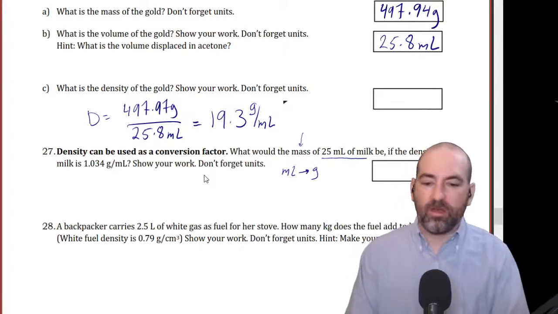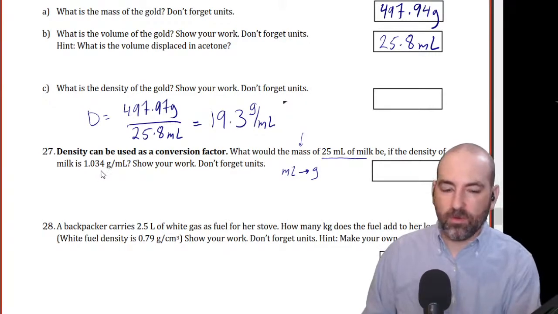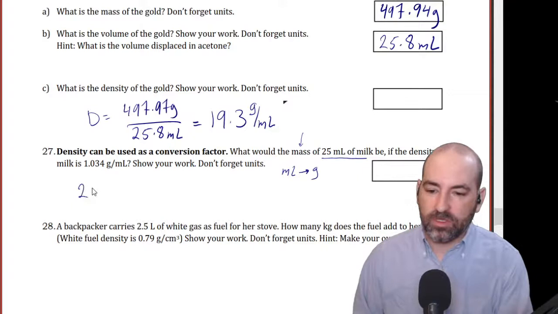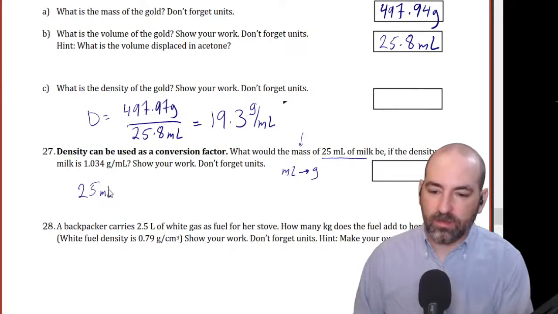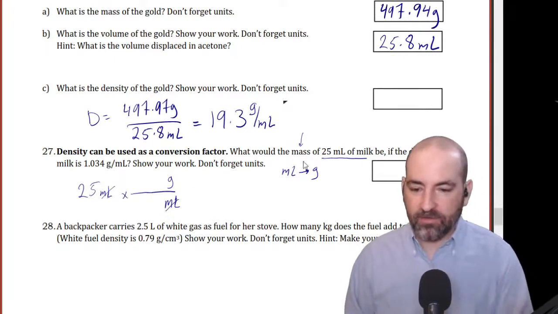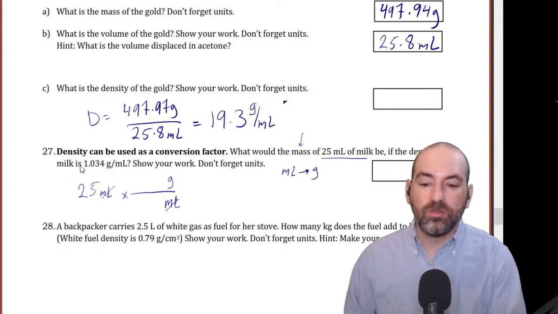And we're going to do that via a conversion factor, 1.034 grams per milliliter. So that would look like this: 25 milliliters times the conversion factor that converts milliliters to grams. Right, so we're going to cancel milliliters, end up with grams, which is what we want because the question is asking for what would the mass be. All right, so then we fill in our numbers using the density.